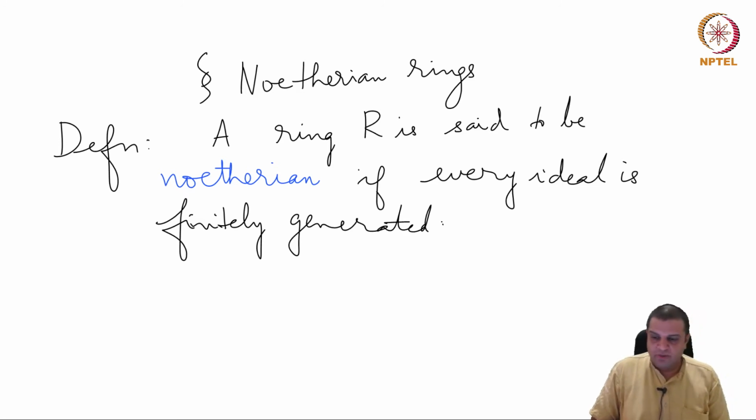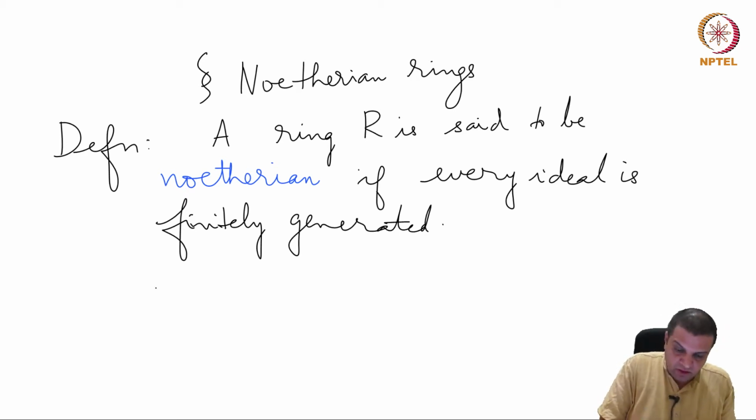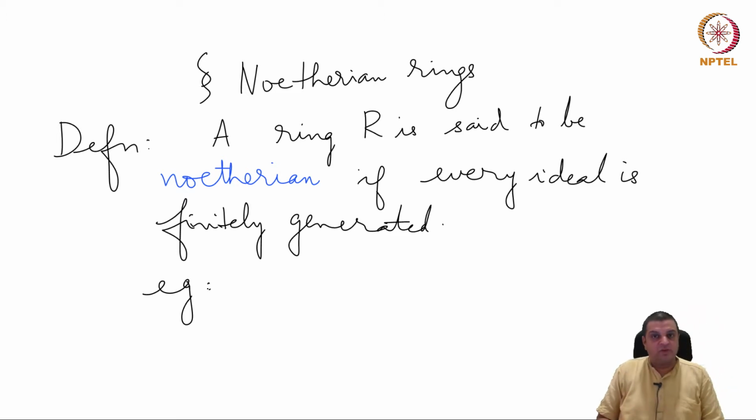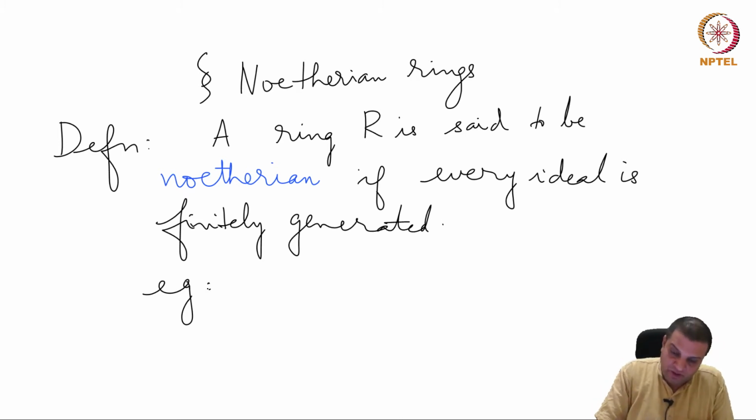So our first examples are rings that we know are Noetherian, which is why we have not yet come across a non-Noetherian ring. Of course, we have seen rings which we have not yet proved are Noetherian, but so far we have not seen any non-Noetherian ring. For example, fields are Noetherian.